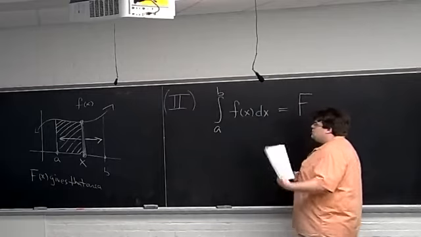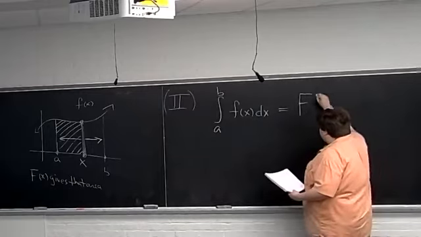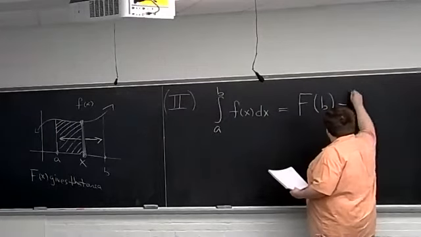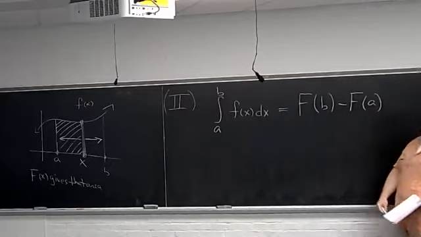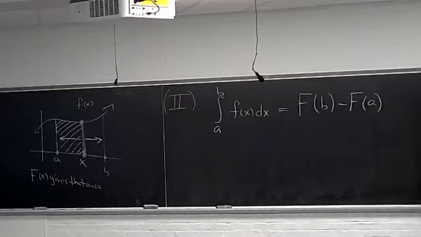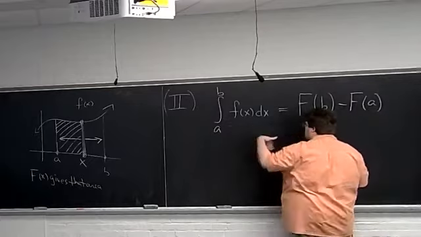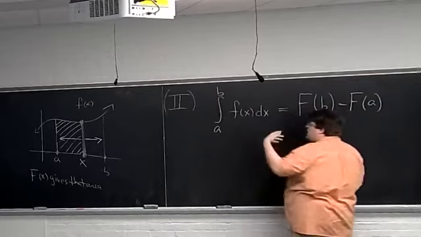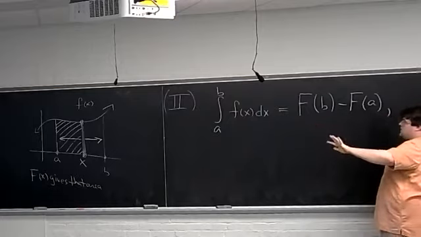The second part relates our definite integrals to our indefinite integrals. The second part says that the integral from a to b of the function in question is given by capital F of b minus capital F of a. Notice b and a are the endpoints.